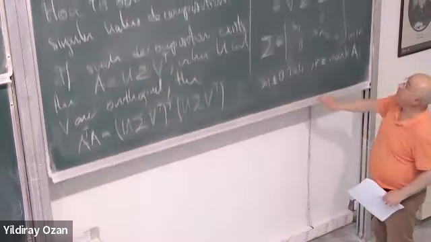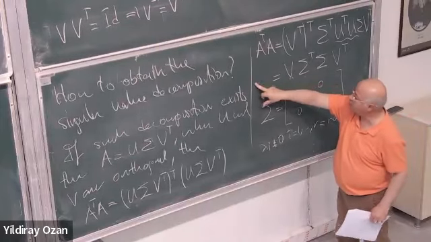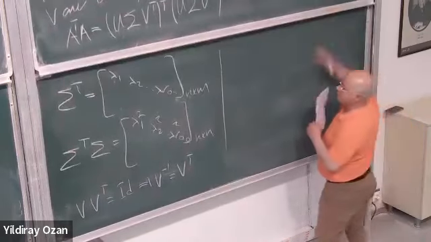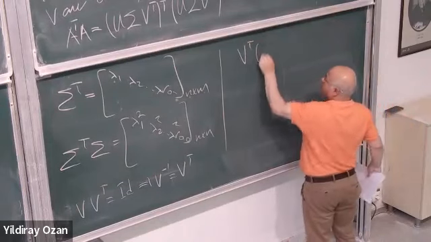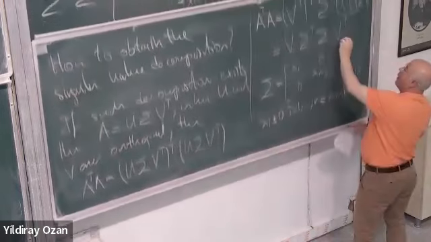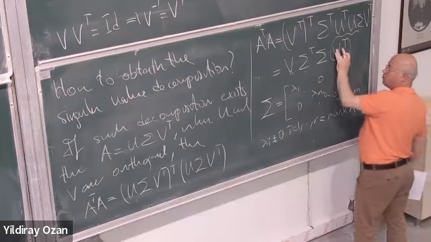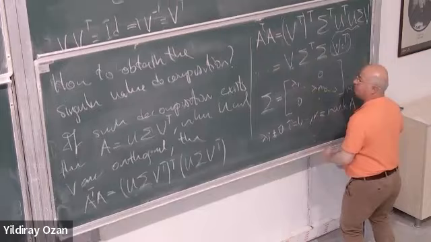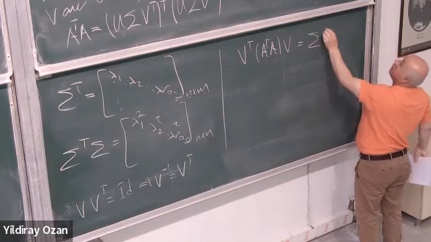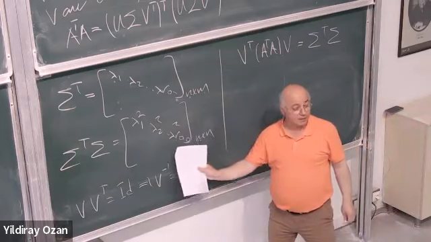So if I take this to the other side, as D inverse is just D transpose, we have the following: D transpose times A transpose A times D. This is equal to D inverse, so if I take it to the other side, I will get D, and then just sigma transpose sigma, which is just this diagonal matrix.